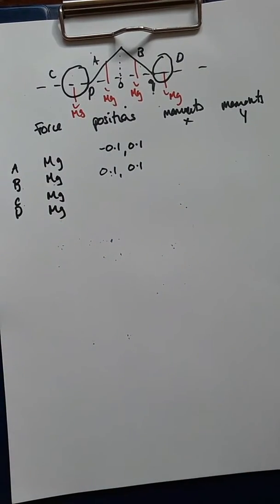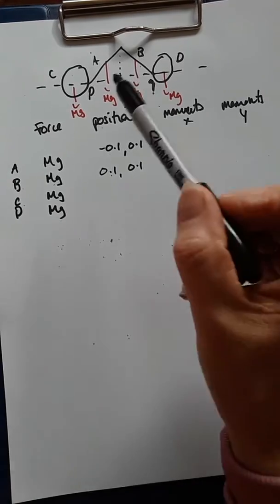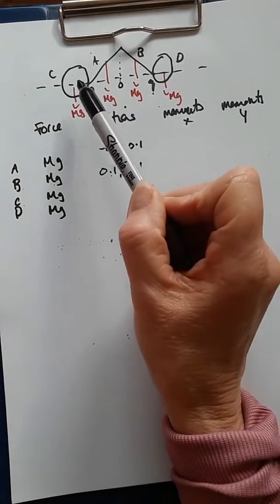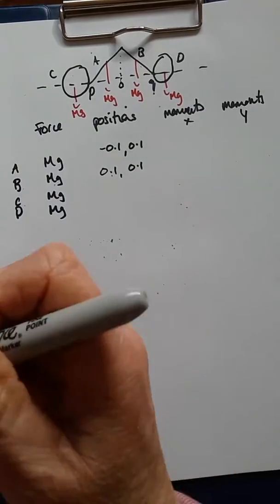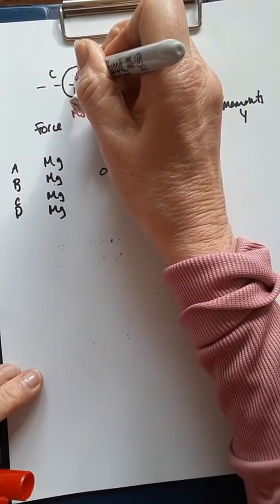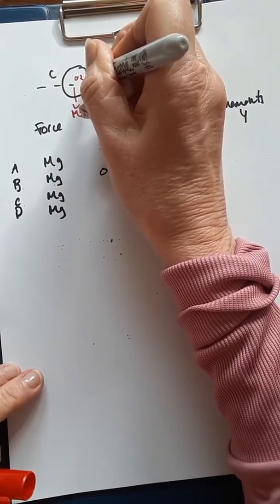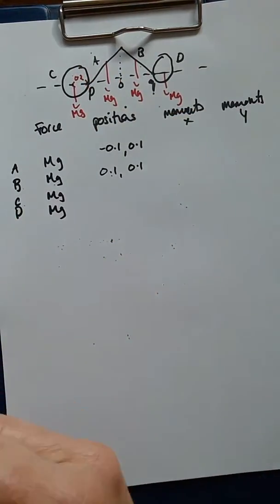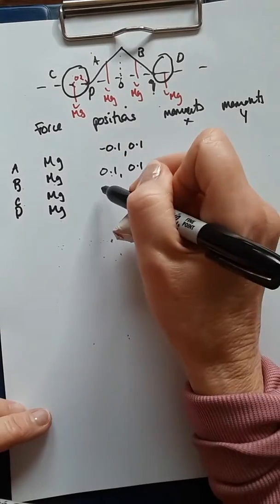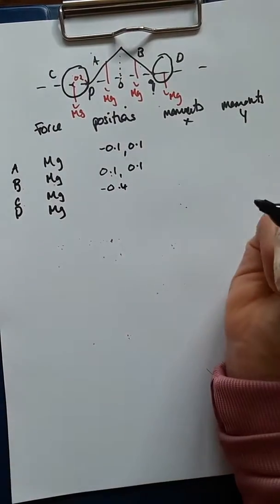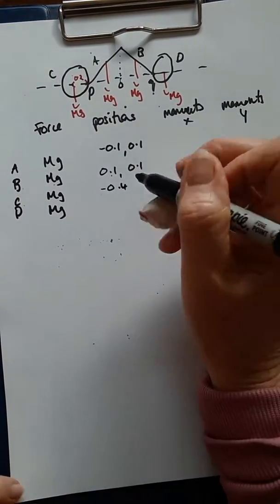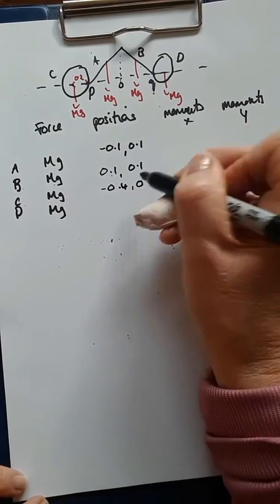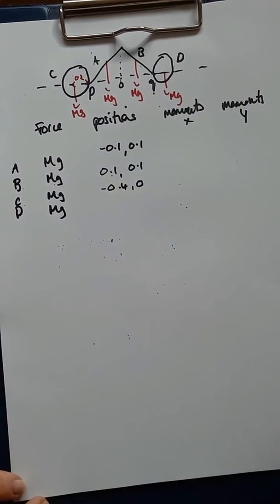So we can see, the radius, remember, each disc has a radius of 0.2. So this is 0.2 from there to there. And this is 0.2 also, which means that that distance is minus 0.4 from the origin. And 0 because it's not up the y-axis, it's on the x-axis.